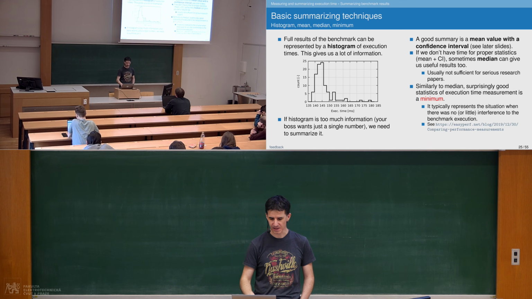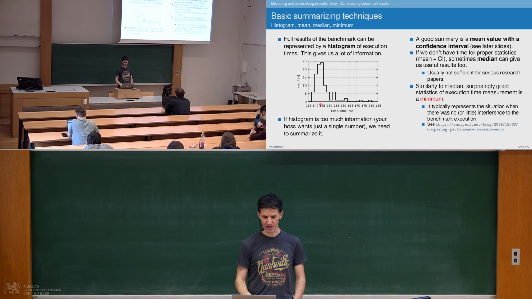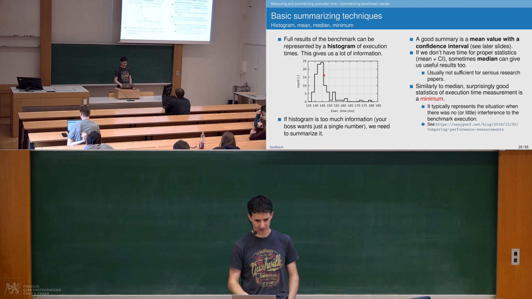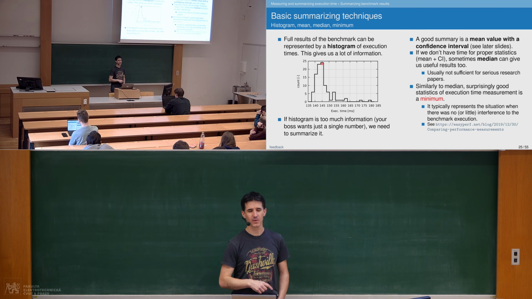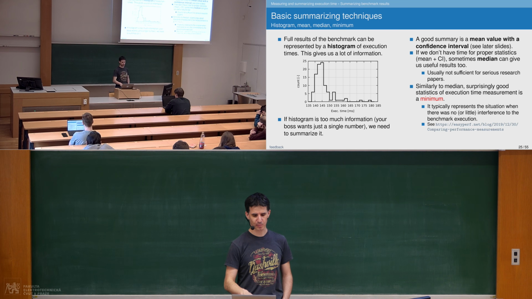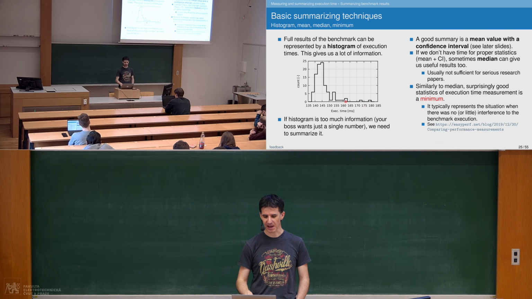As you can see, most of the measured execution times are somewhere here, but the typical situation with computer programs is that there is a long tail of measurements. Most measurements are here, but there is a long tail.